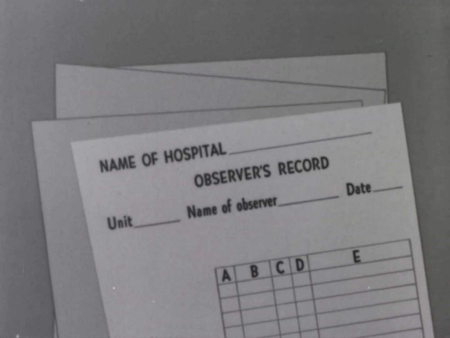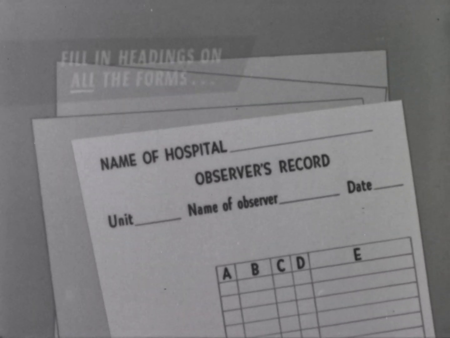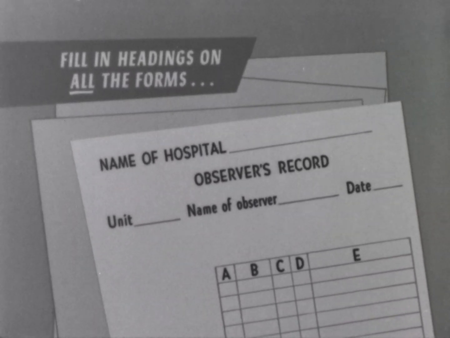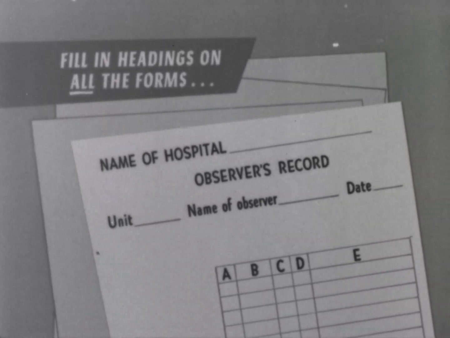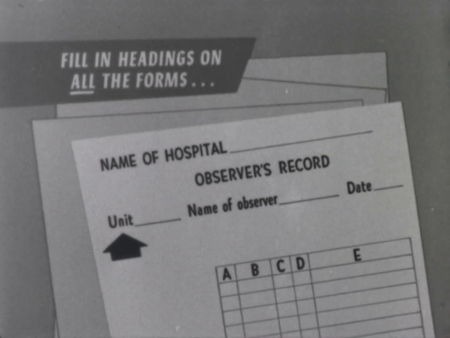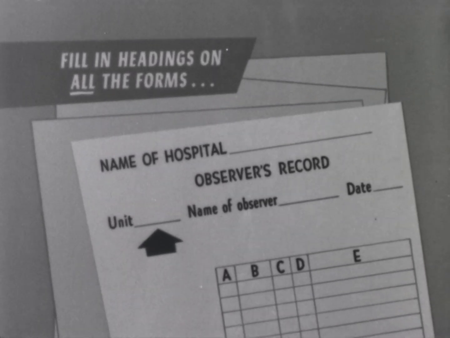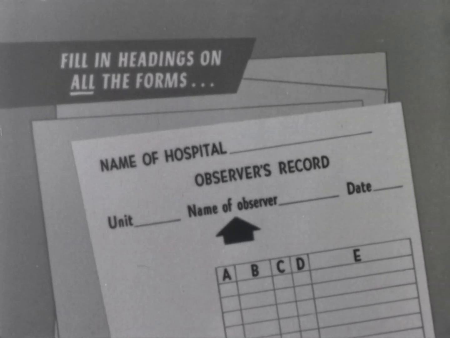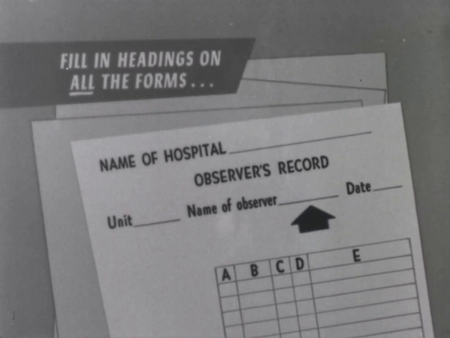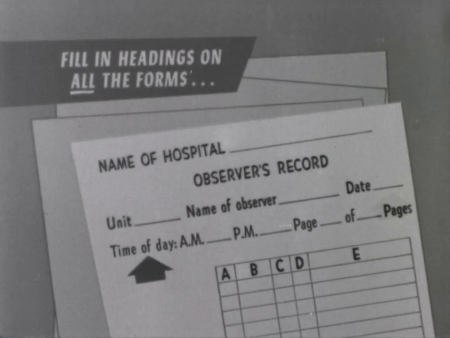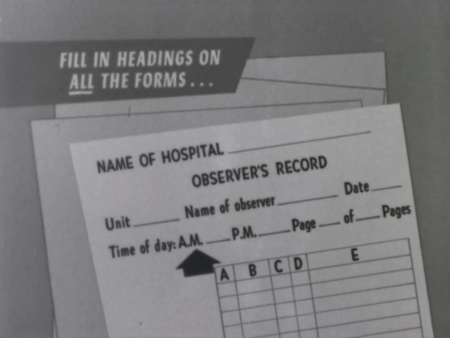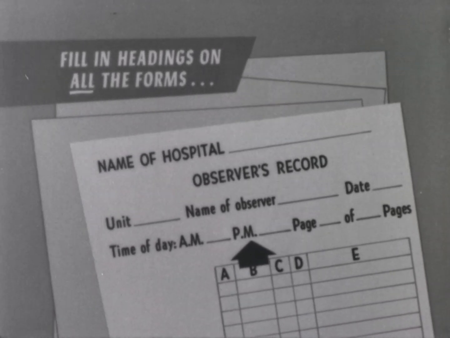Before the observation starts, the observer should fill in the headings on all the forms she is going to use. Begin with the name of the unit, then the name of the observer and the date. Then insert the time of day when the observations are to be made.